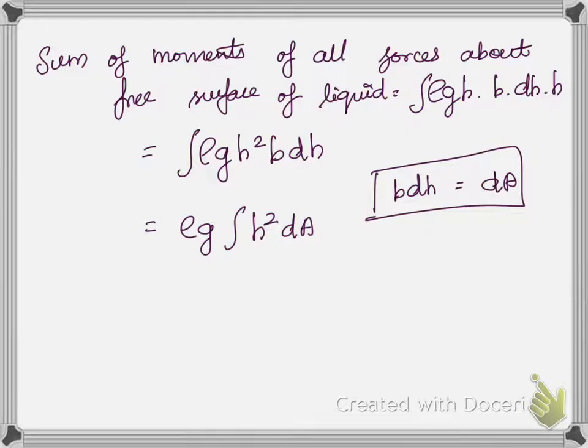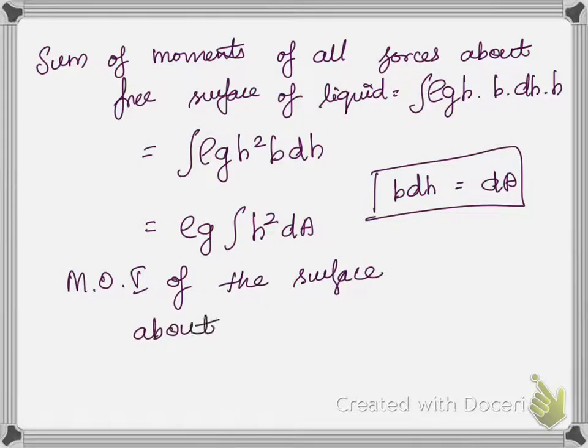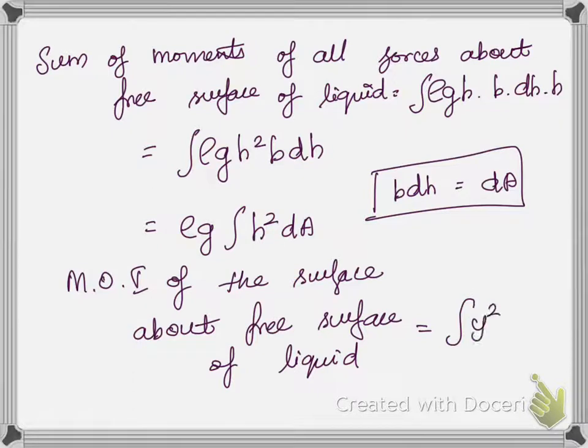So what is this H square dA? This is the moment of inertia of the surface about the free surface of liquid, which will be equal to integral y square dA, or here we can write it as integral H square dA.